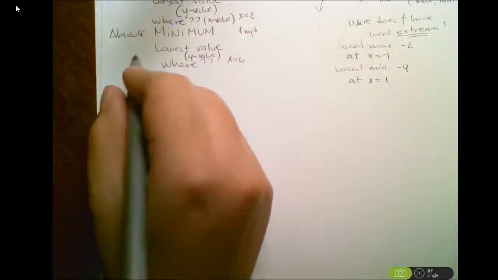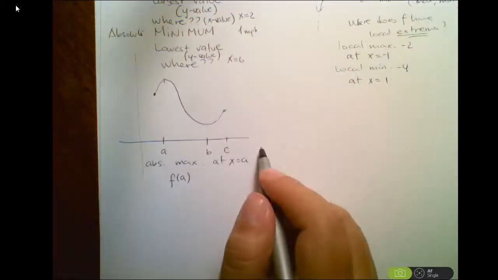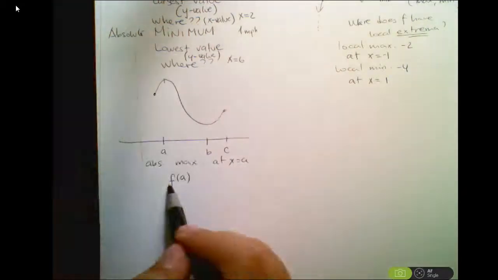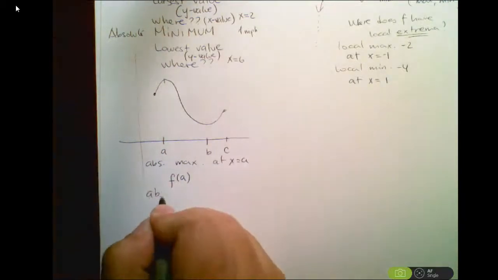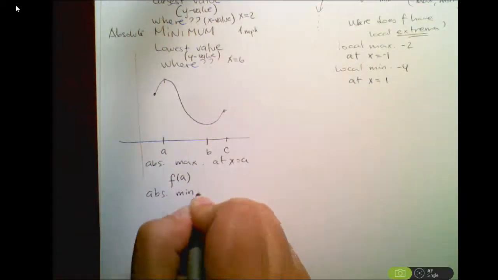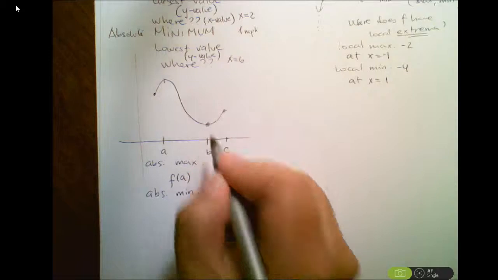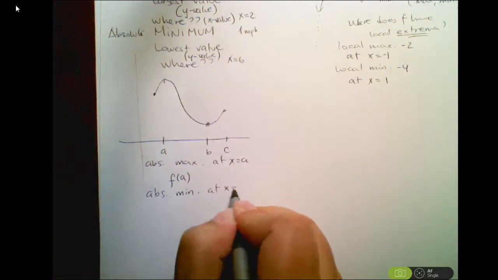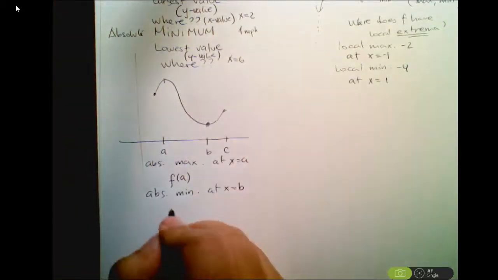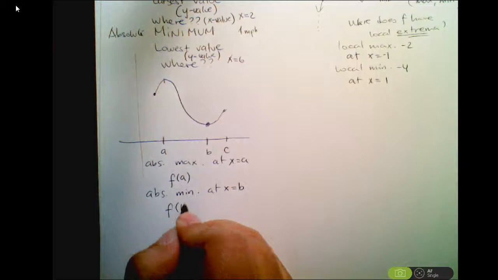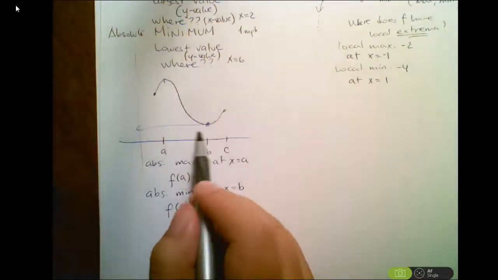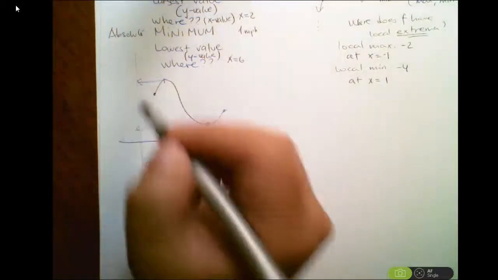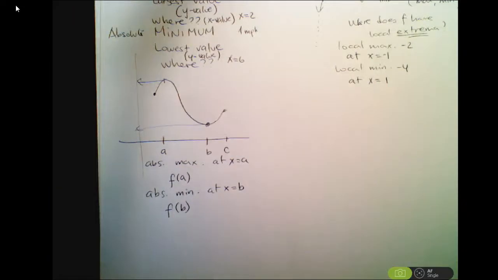I mean, I don't even have an axis in here. So whatever f of a is, that's my absolute maximum. And the absolute minimum here occurs at b, x equals b. And then how much it is, that will be f of b, whatever that y value at b is.